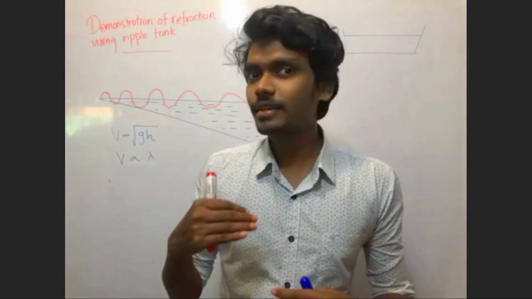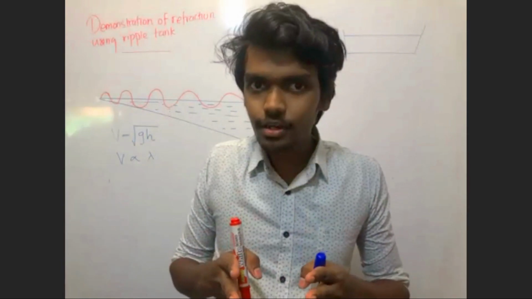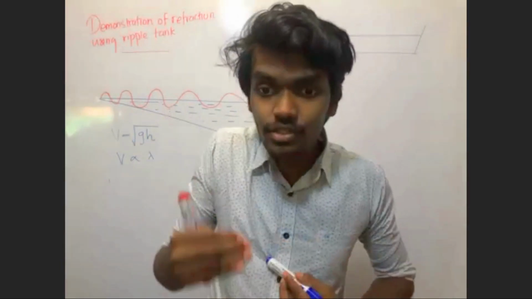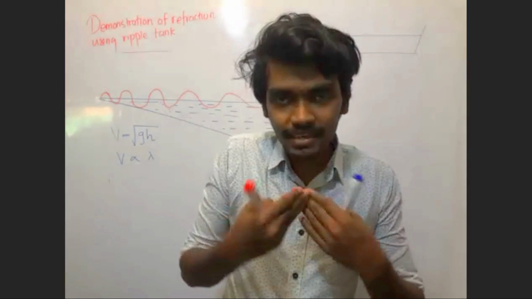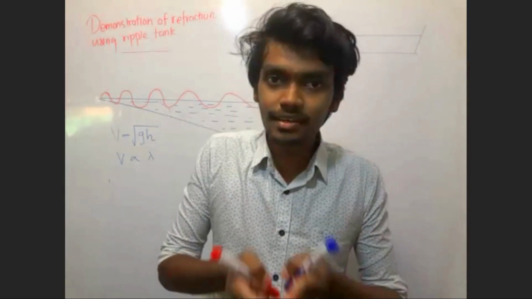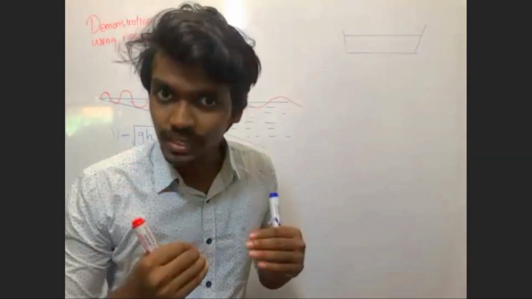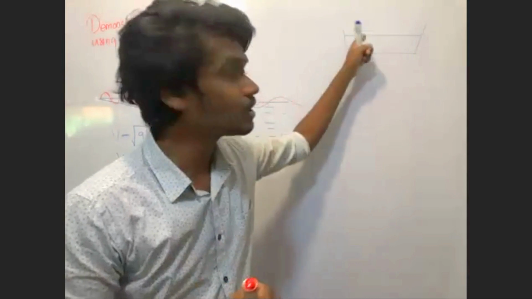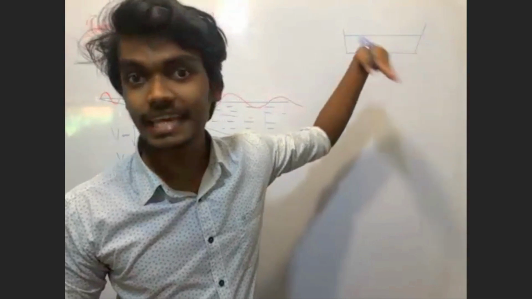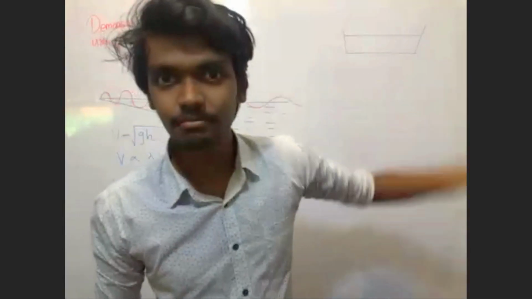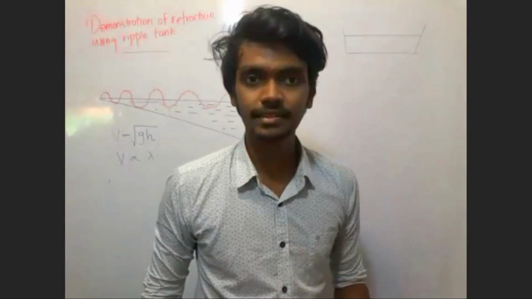So, if we can trick the wave, if we can change the velocity of the water wave, we can make the wave feel like there are two different mediums, and if the water wave feels that it's two different mediums, it will refract.